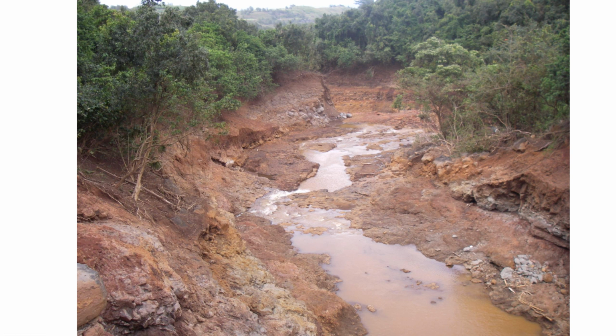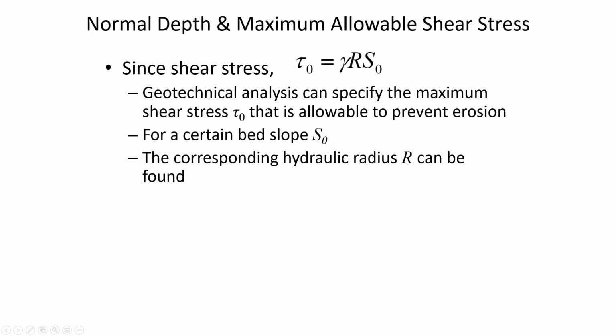And we can calculate the magnitude of shear stress that's applied by the water onto the surface if we know the slope of the channel, the hydraulic radius of the channel, and the unit weight of the water. So this would be the shear stress that's applied to the soil, and geotechnical analysis can tell you what shear stress can be resisted.